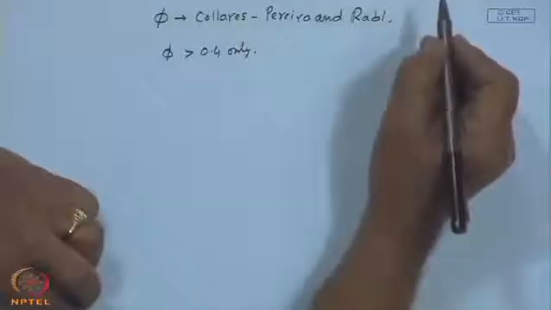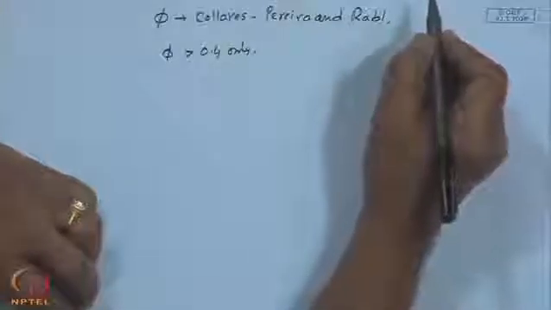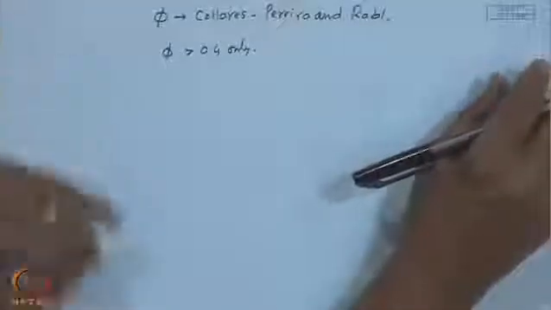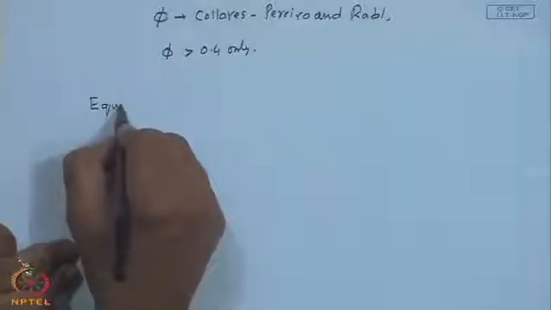In other words, at low utilizabilities, the correlation does not work well. So, the argument sometimes given is that solar collectors are likely to be efficient, economically viable only if the utilizability is high. So, a method to evaluate utilizability when it is higher is acceptable. Finally, the work at IIT Kharagpur proposed an equivalent mean day method.